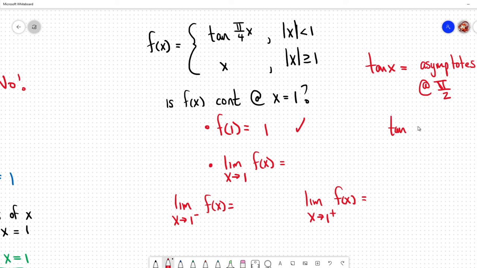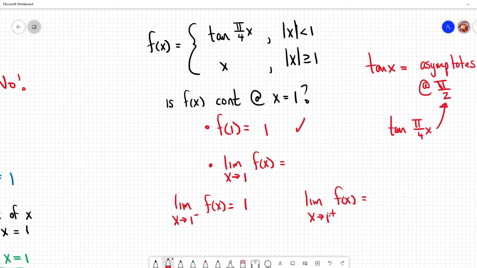So this is why I want to verify. If we plug 1 into pi over 4 x, that gives me tangent of pi over 4, which is an answer. It gives me 1. So we're good. This is not going to yield that asymptote value because we're looking at values around 1. I can directly substitute: tangent of pi over 4 is 1.